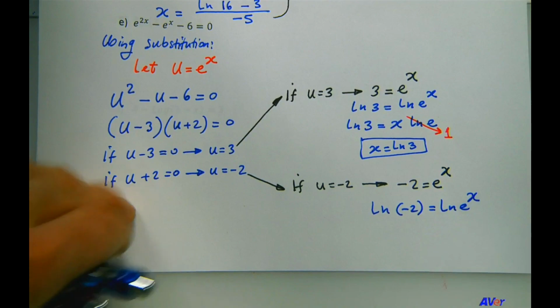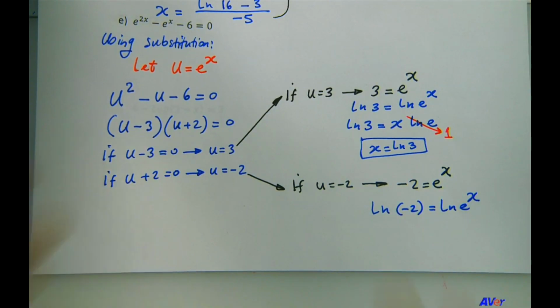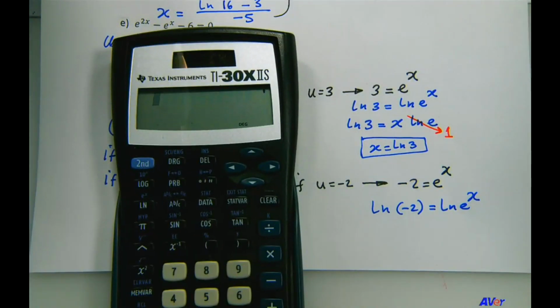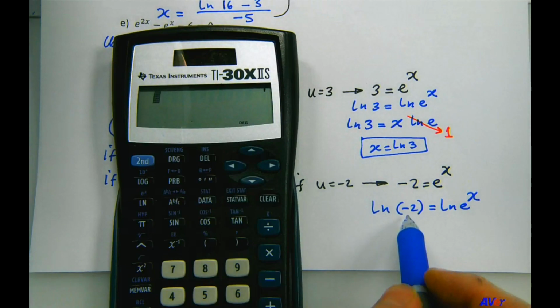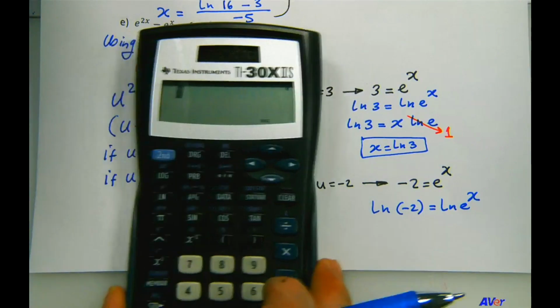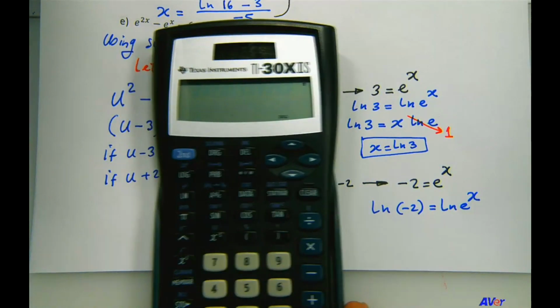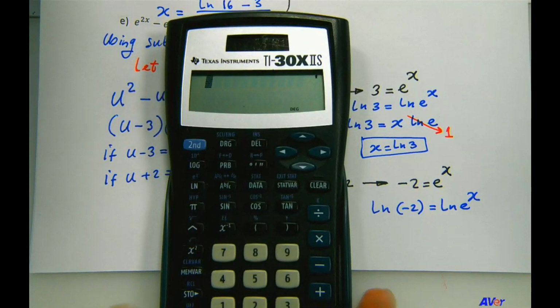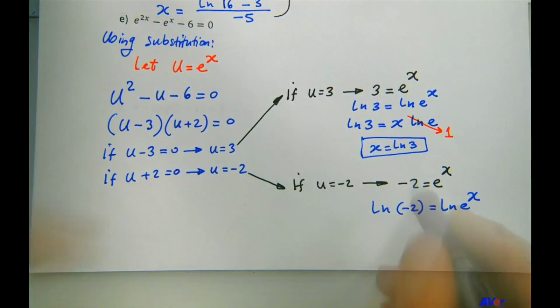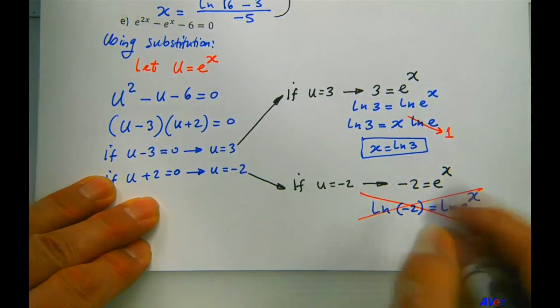Is that as simple as it looks? Is that allowed? No. Last time, or the time before that, we said that natural log or log of a negative number does not exist. Here, we can prove it. So, we can say natural log of negative 2. What do you think we're going to get? Error. Right? So this is not possible.